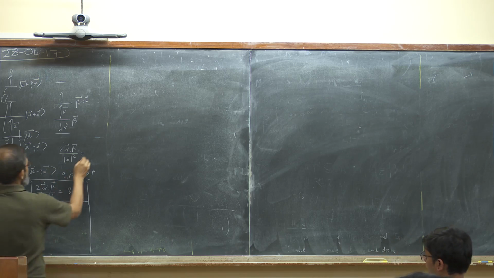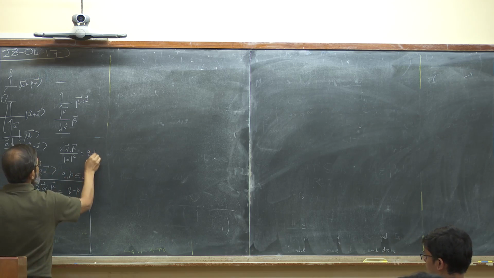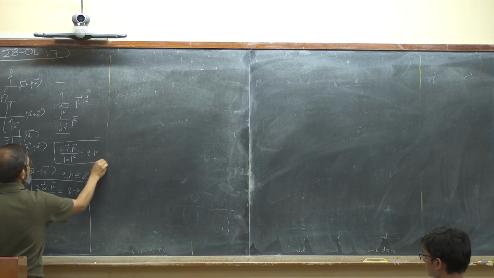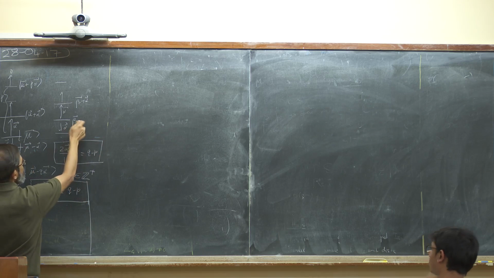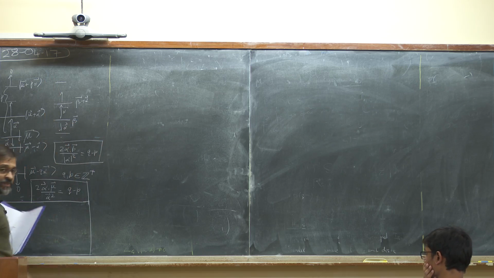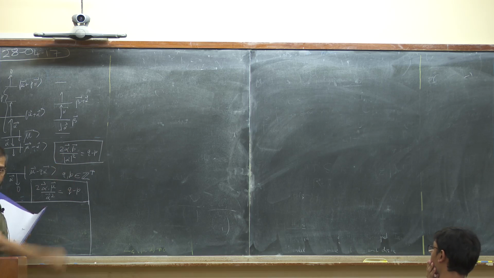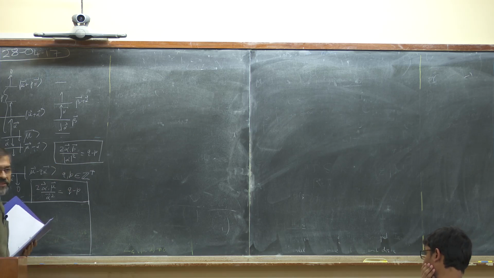So this is again q minus p. This is just a special case of this result. On the other hand, if you started with alpha and went up and down by beta, then you will get the other condition, which is 2 alpha dot beta divided by beta square will be equal to some q prime minus p prime.